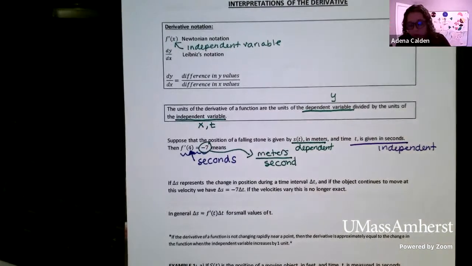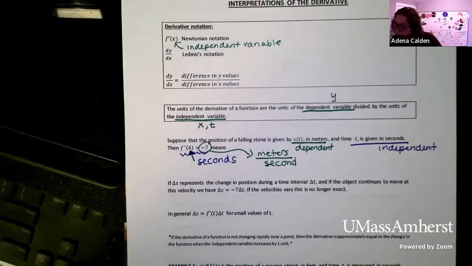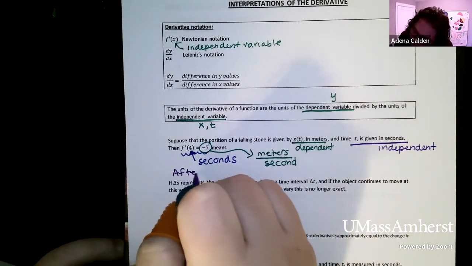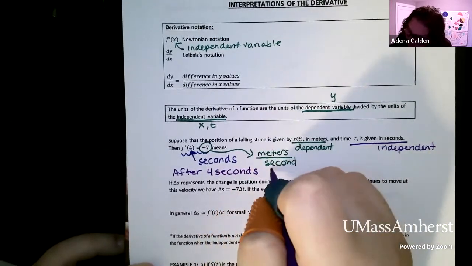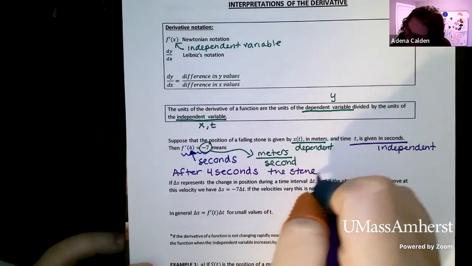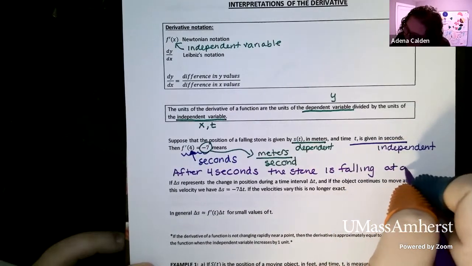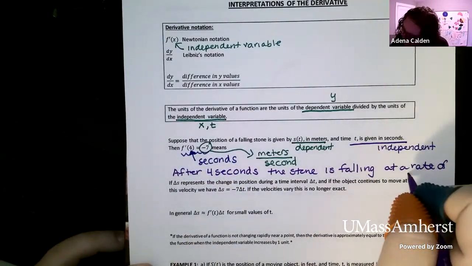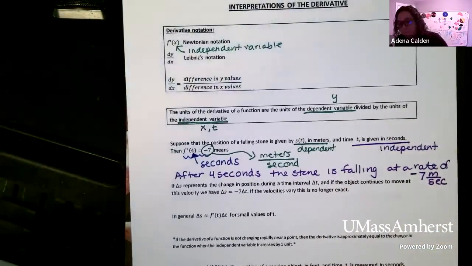We're talking about a stone that's falling, so we want to bring the stone in and talk about the fact that it's falling. We're going to say something like, after 4 seconds, or at time equals 4, the stone is falling at a rate of, and now here comes our number, -7 meters per second.